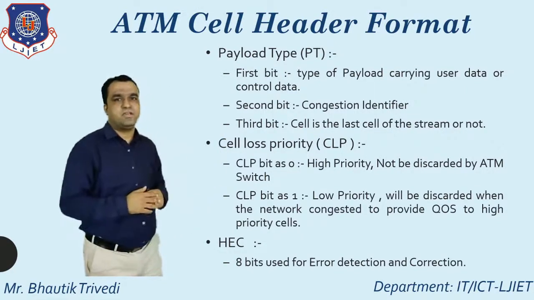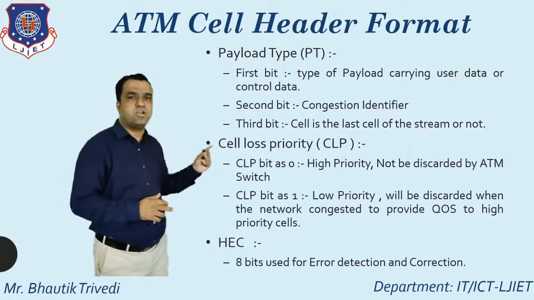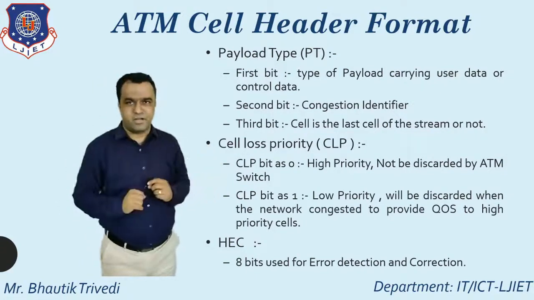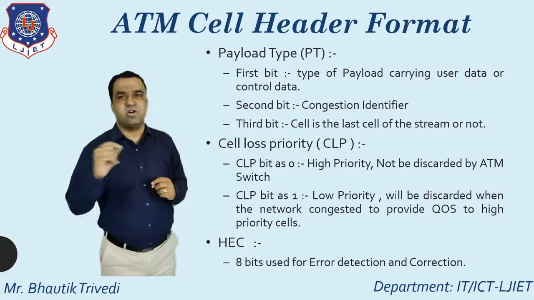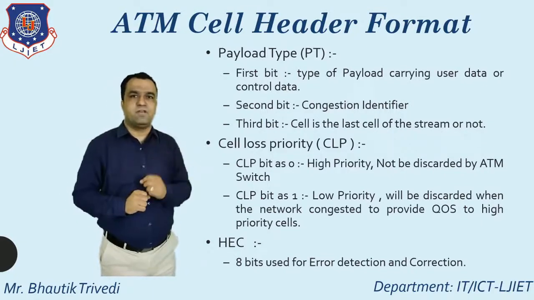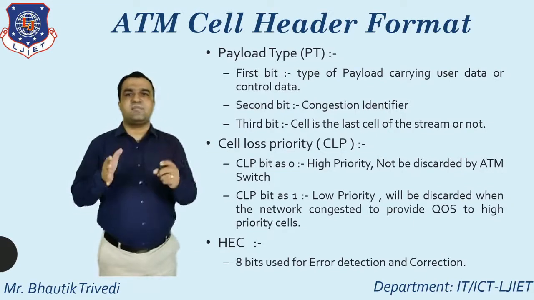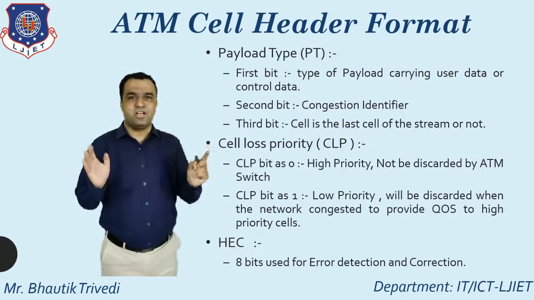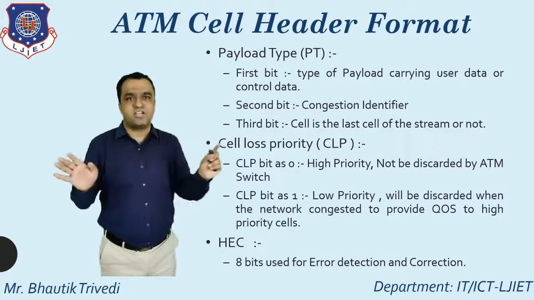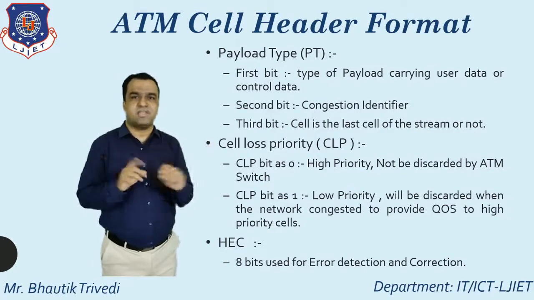After that, CLP. CLP means cell loss priority. It supports only one bit, either 0 or 1. For example, if you put the CLP bit as 0, that is considered high priority, meaning you cannot discard that ATM cell.